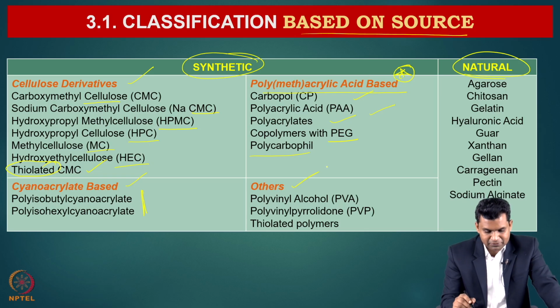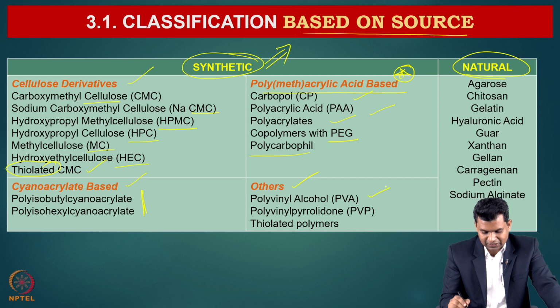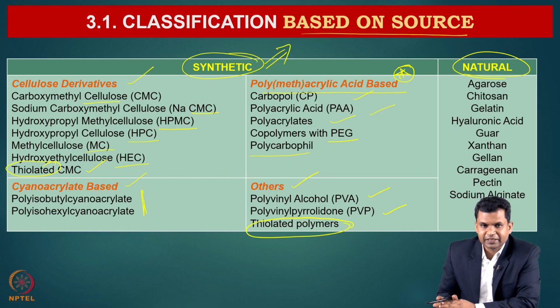And there are other polymers in the synthetic category, which are polyvinyl alcohol, polyvinyl pyrrolidone, and again thiolated polymers, which are very commonly used in mucoadhesive drug delivery systems.